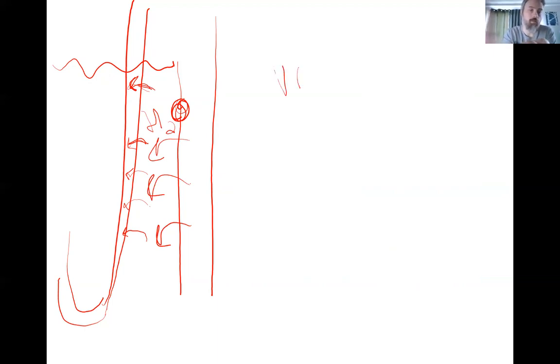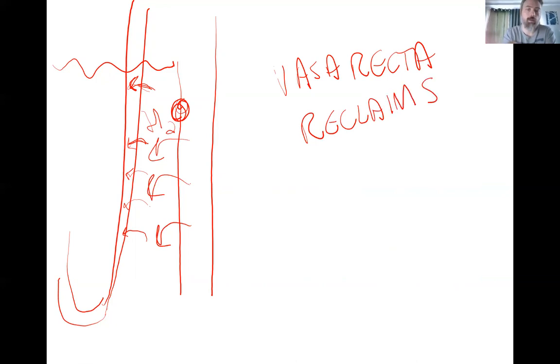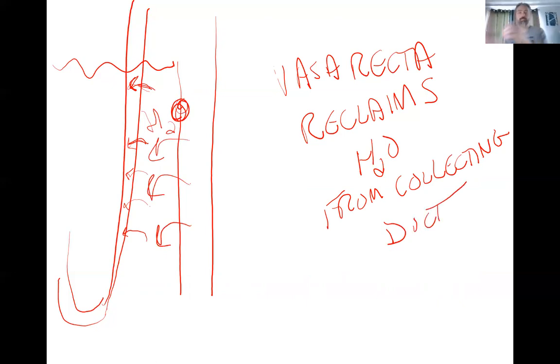Vasa recta reclaims H2O from collecting duct. And that's really it.